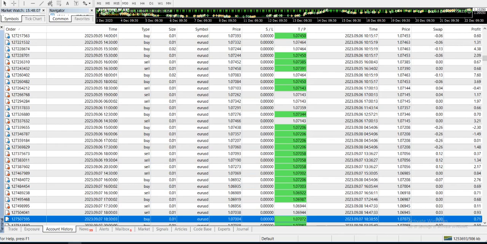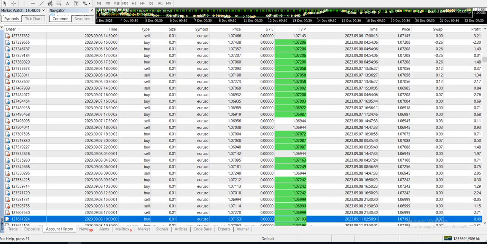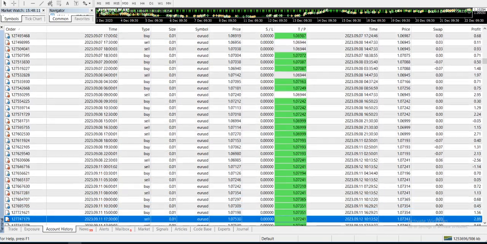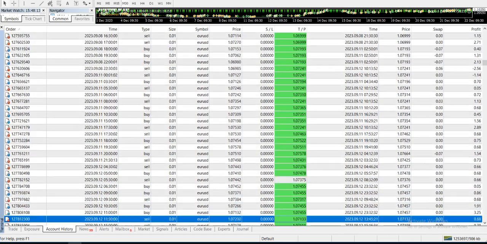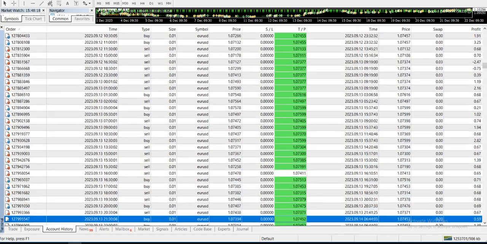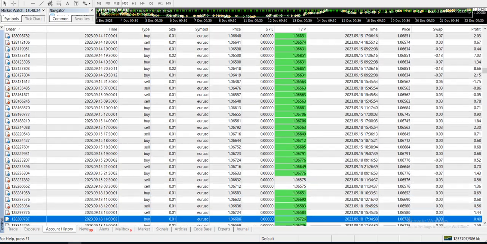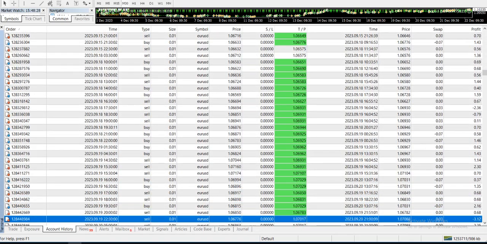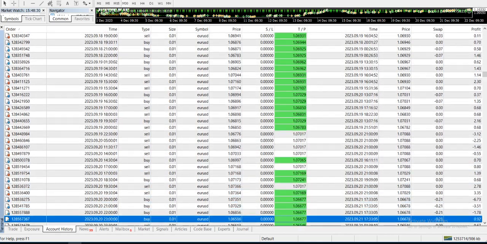Most of the time we use 0.01 lot size, sometimes 0.02, very rarely 0.03, and in very rare conditions 0.04. I don't think we increase the lot size more than 0.04, and even 0.04 you can count on your fingers.